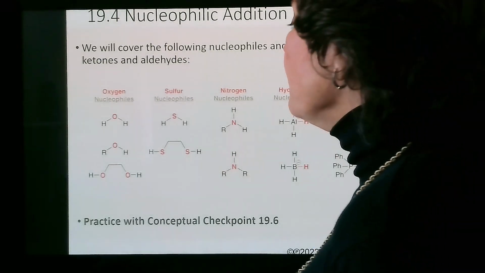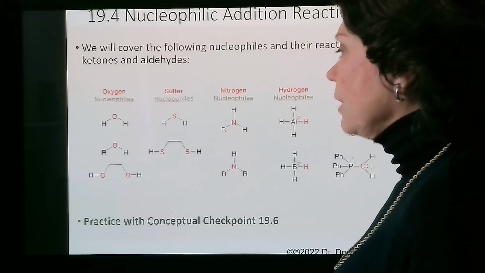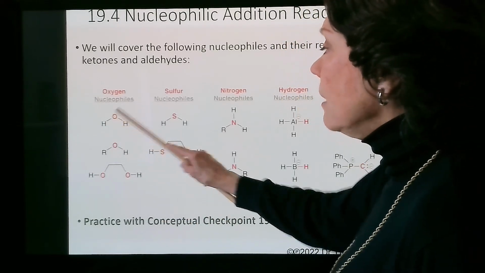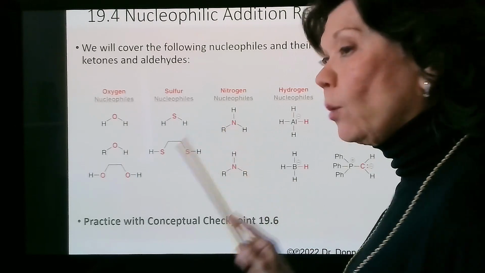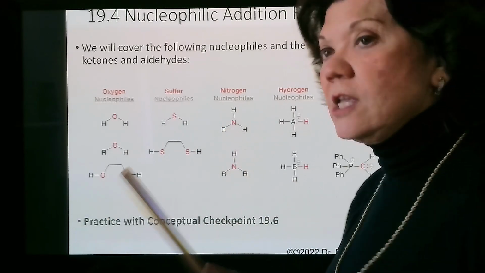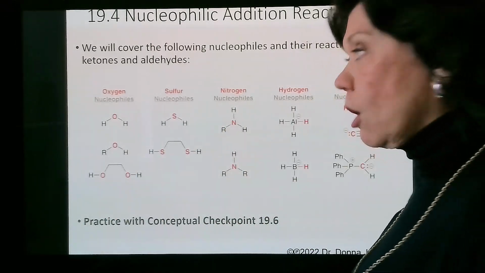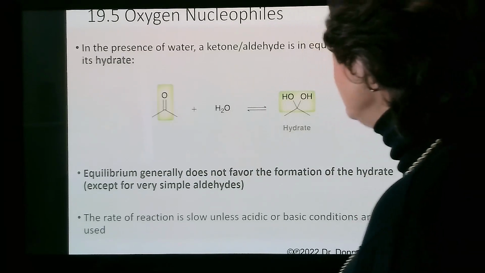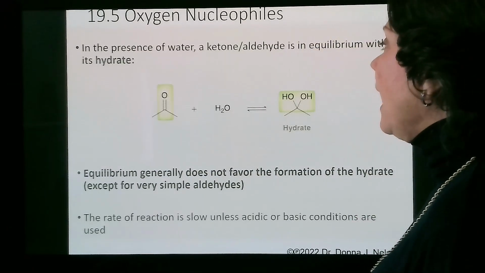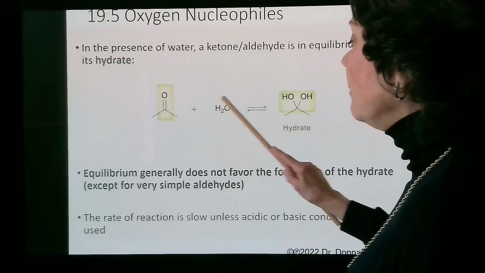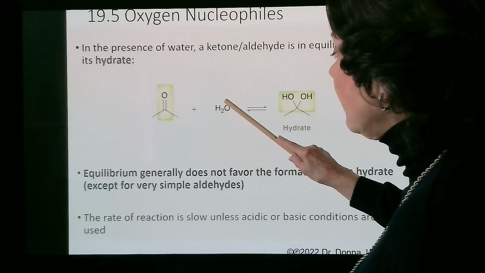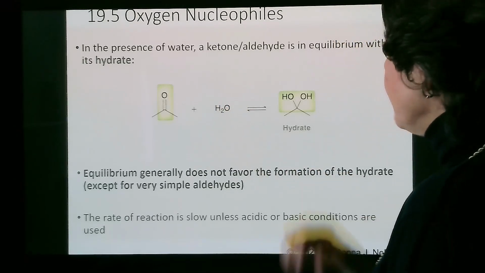So let's look at the reactions. Remember, I pointed out the non-bonding pairs, and that's going to be what does the attack on the carbonyl in each case. So here we have carbonyl in the presence of water with a non-bonding pair of electrons, remember.